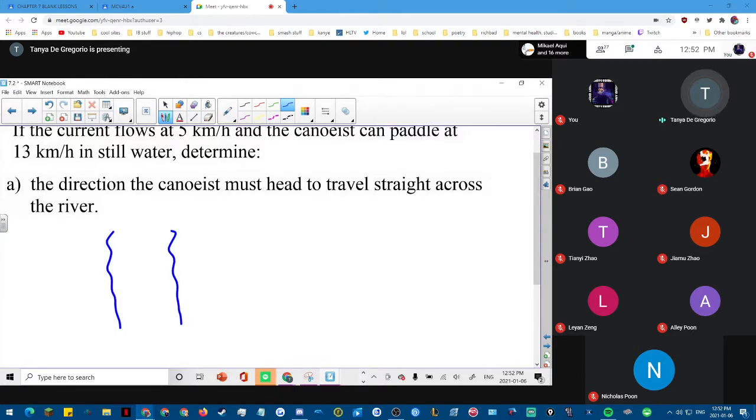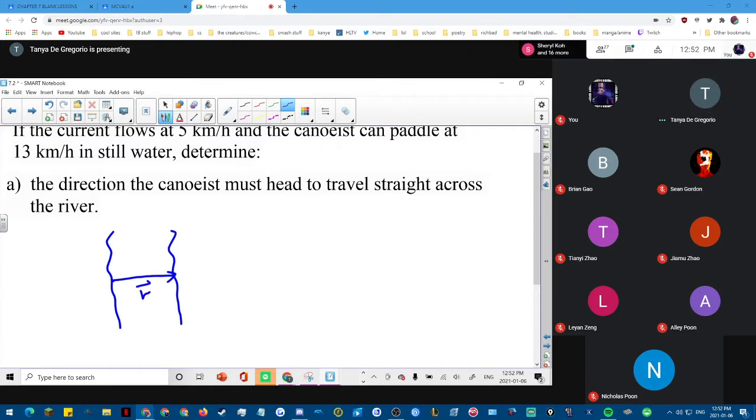So what's happening is the canoeist wants to cross straight across the river, but there's a current. And so even though he's trying to travel straight across, the current will push him, right? So they want to know what direction should he angle himself so that when the current pushes him, he ends up going straight across, so that our resultant will end up like this.